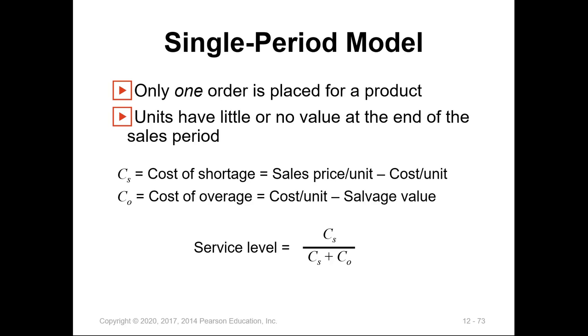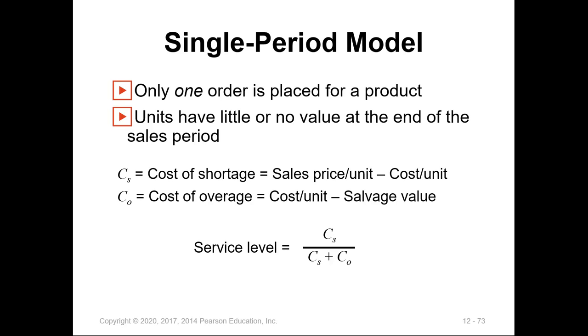The single period model is a system used for ordering items that have little or no value at the end of the sales period, like perishable items. Cost of shortage, CS, is equal to sales price per unit minus cost per unit.